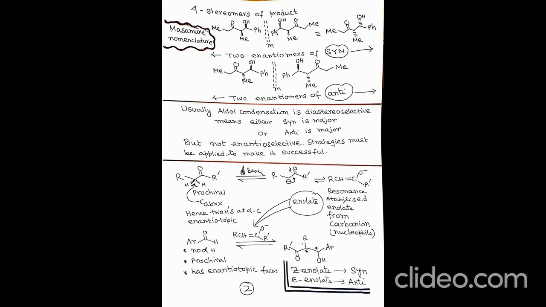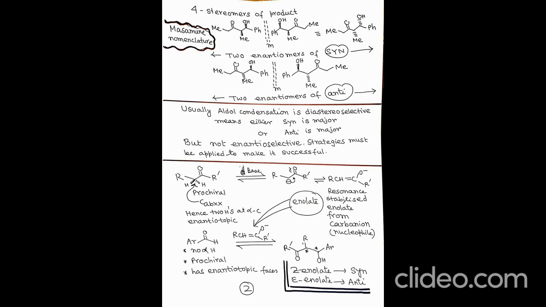Now Syn and Anti, the stereochemical relationship between these two is diastereomeric, and there is a chance that Syn will be major over the Anti or Anti will be major over Syn. Now in this discussion, our only point of discussion is how the aldol condensation will be diastereoselective, means under which condition Syn product will be more, under which condition Anti product will be more.